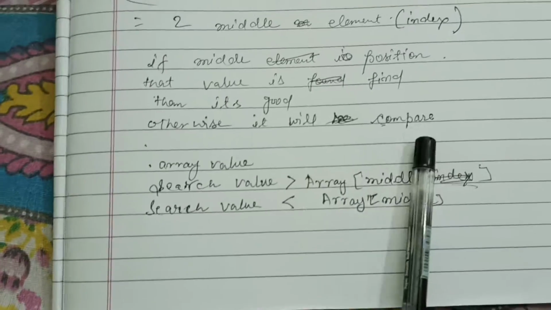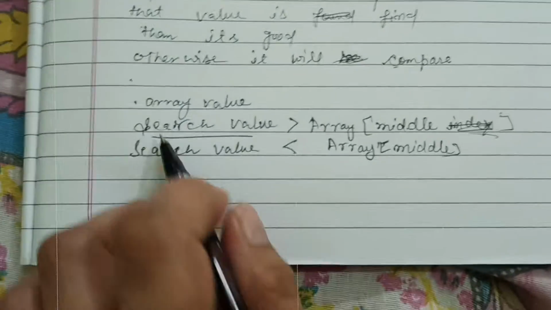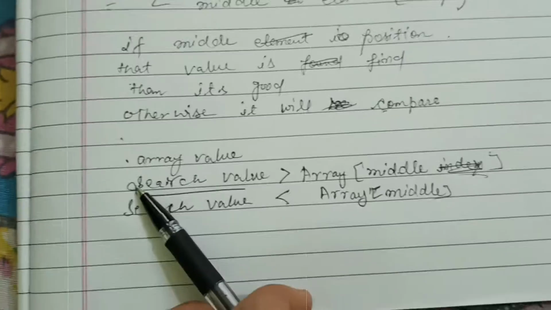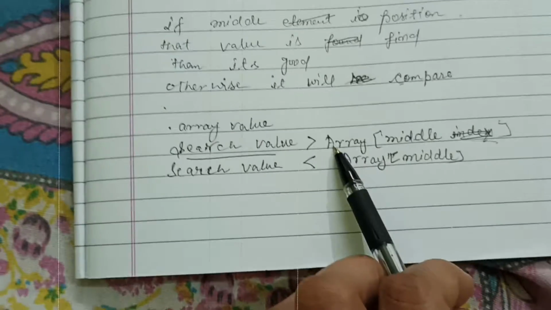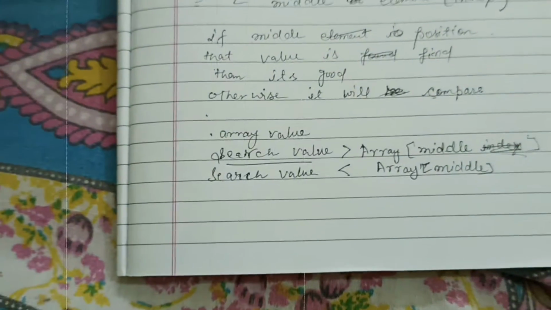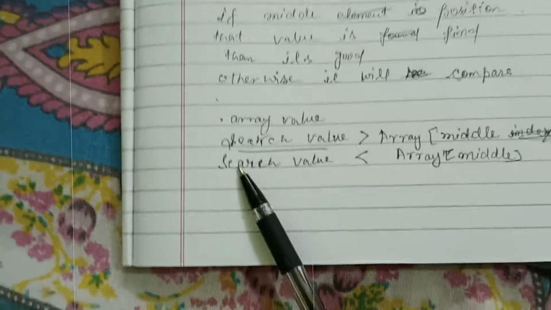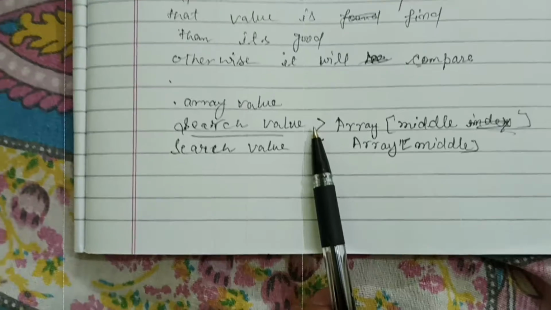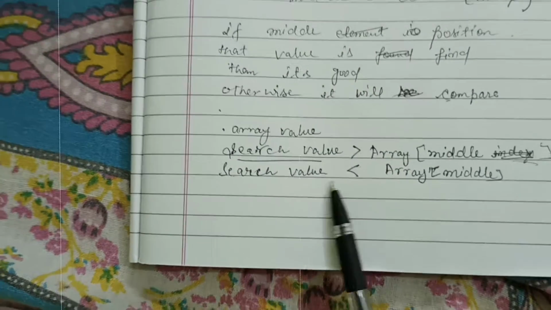Otherwise it will compare the search value, the search element, with the array middle index, and we give this condition in the if statement: one is greater than and one is less than.